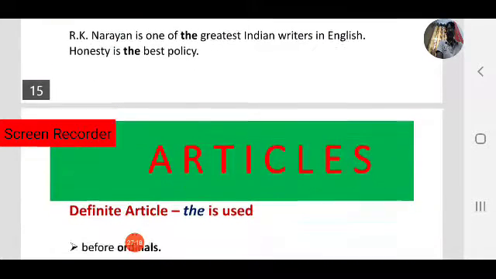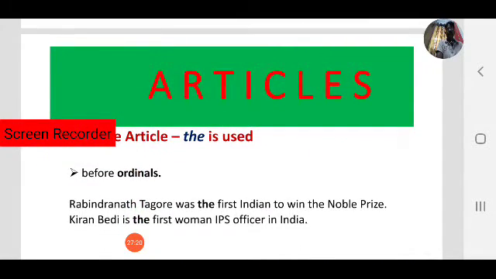Next, before ordinals. We have already learned in adjectives, which is a part of speech. While learning adjectives we discussed ordinal numbers and cardinal numbers. That is also a type of adjective.